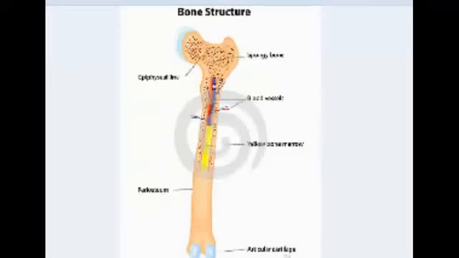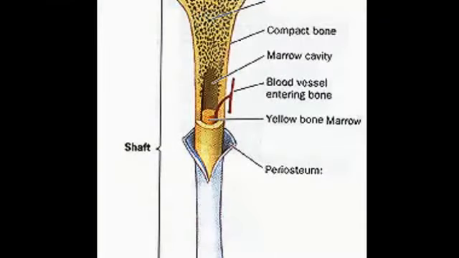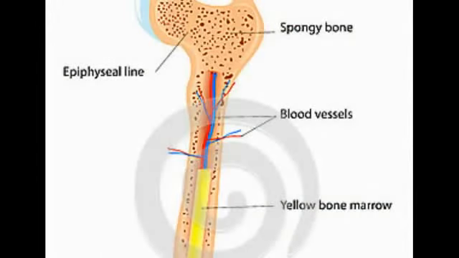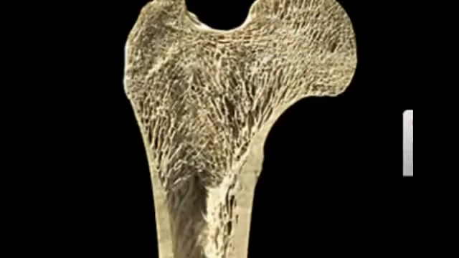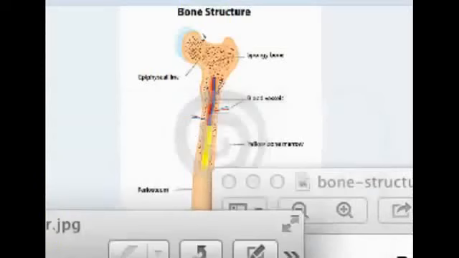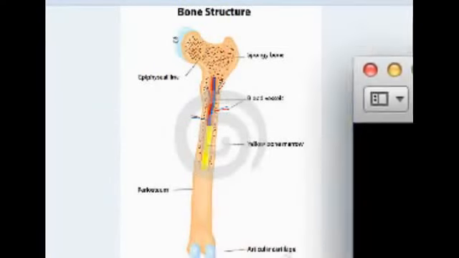Okay. That's a long bone, like your hip bone. It consists of two endings, and they are called epiphyses. And the end of each ending has cartilage.